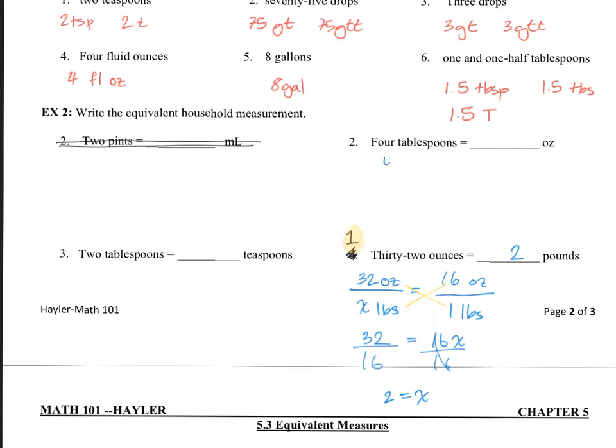Alright, so we have 4 tablespoons. I'll just go ahead and use capital T. And we want to know how many ounces. Alright, I need an equivalence between tablespoons and ounces. So if you check your chart, you'll note that 2 tablespoons is the same as 1 ounce. Let's go ahead and cross multiply to solve for x.